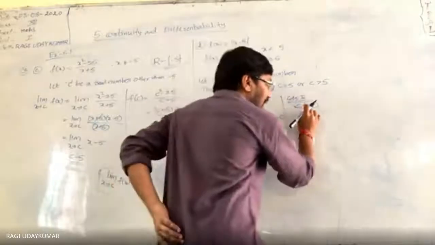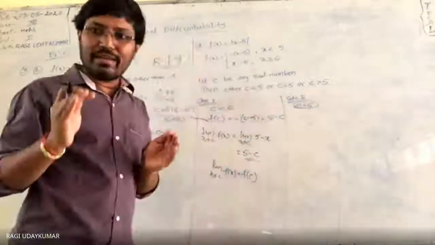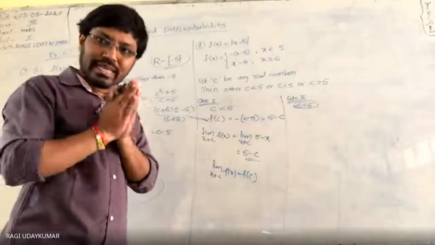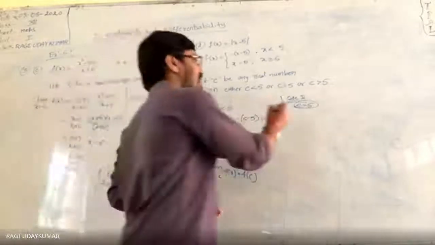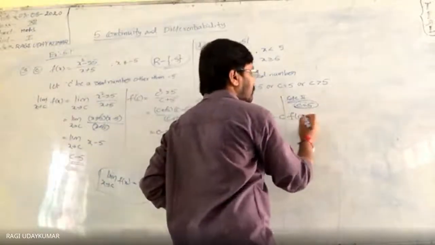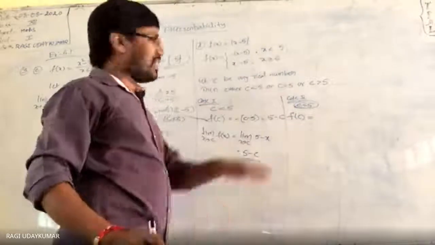So at the particular point c equals 5, you need to take both limits. First let us see what f of c is.